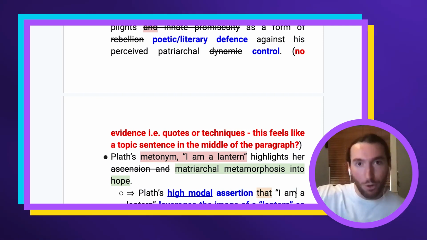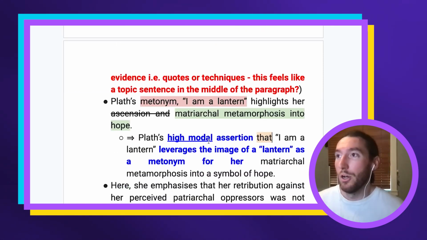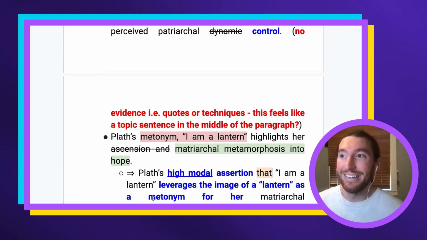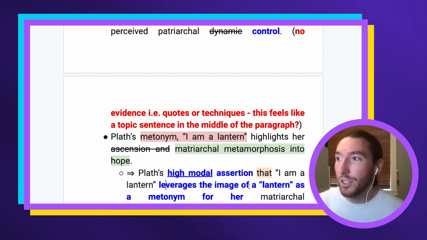So if I was to take out the quotation marks, it would still flow if I were to say it aloud. So always read your sentences aloud and check if it flows like a normal sentence with or without the quotation marks. Her high modal assertion that I am a lantern leverages the image of a lantern, right? We're actually deconstructing this quote so that we can properly use lantern. It leverages the image of a lantern.